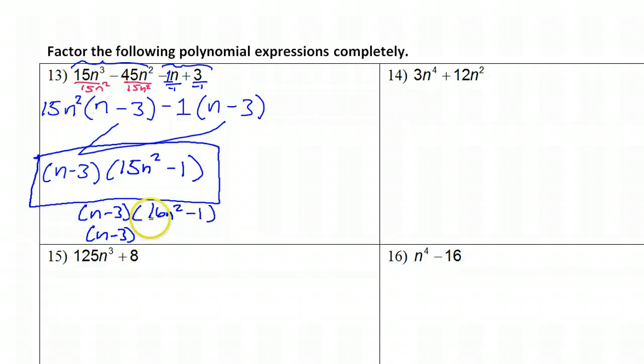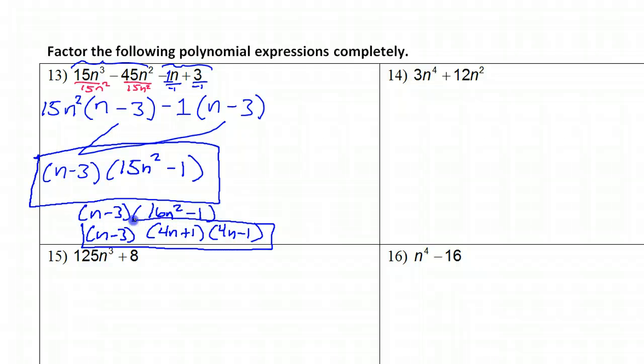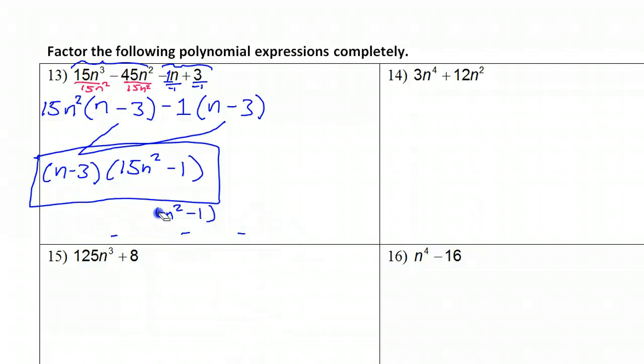This is the difference of 2 squares, so I would have gone 4n plus 1 and 4n minus 1. And then this would have been my final answer, if it had been a 16. But that's not what happened, so that was just a big what if. So that is the final answer for number 13. Okay, number 14.